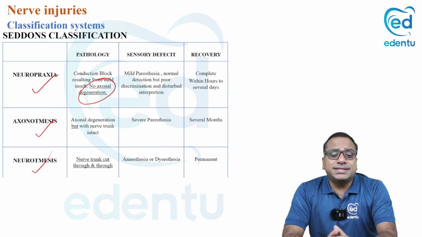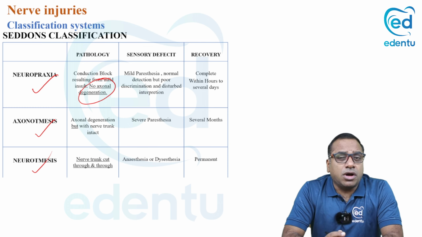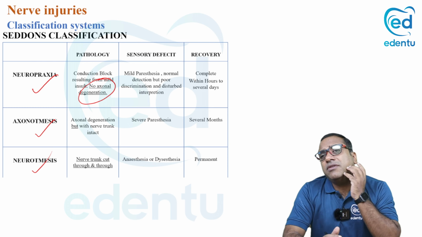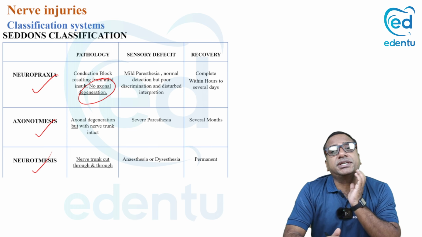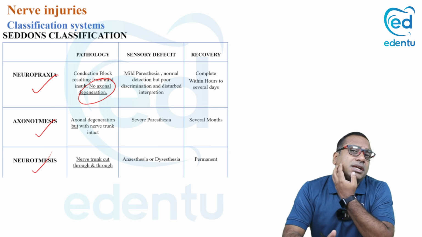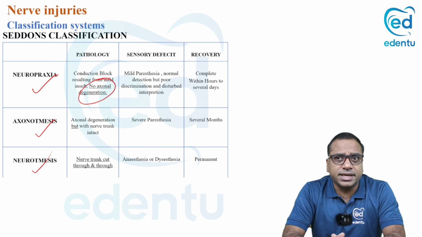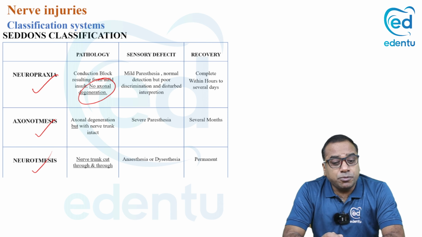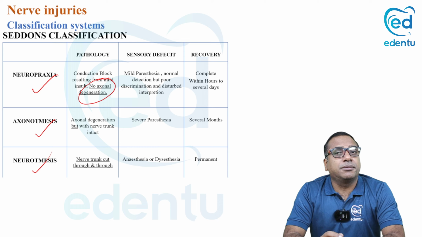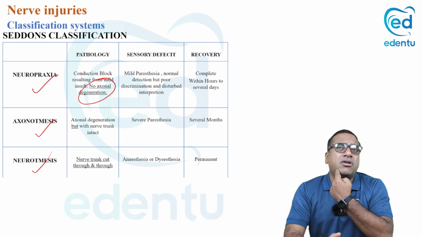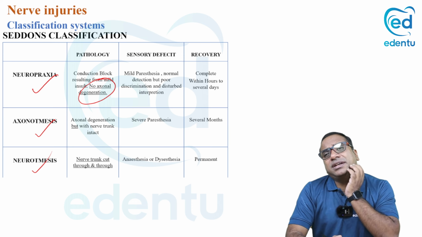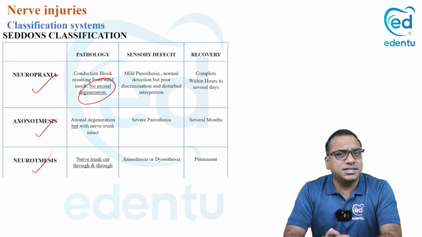Then, what is the sensory deficit? How will the patient look? What will he experience? He will experience mild paresthesia, a little numbness in some areas. There is normal detection but poor discrimination and disturbed interpretation. He cannot pinpoint exactly which place, but the patient will tell you, I have a disturbed sensation over here.